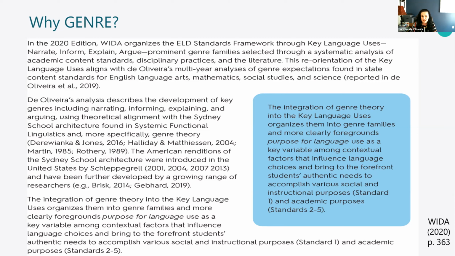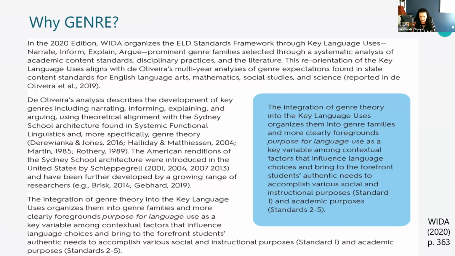This reorientation of the key language uses aligns with de Oliveira's multi-year analysis of genre expectations found in state content standards for English language arts, mathematics, social studies, and science. De Oliveira's analysis describes the development of key genres, including narrating, informing, explaining, and arguing, using theoretical alignment with the Sydney School architecture found in systemic functional linguistics, and more specifically, genre theory.